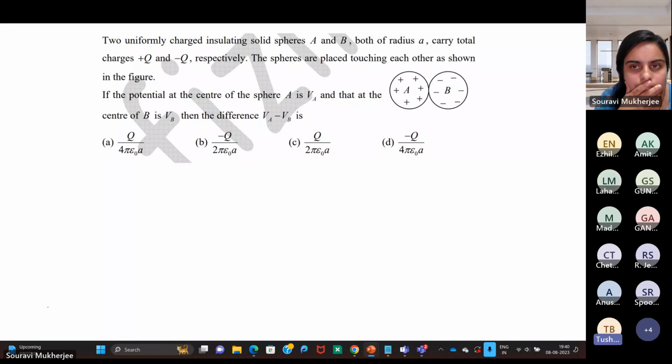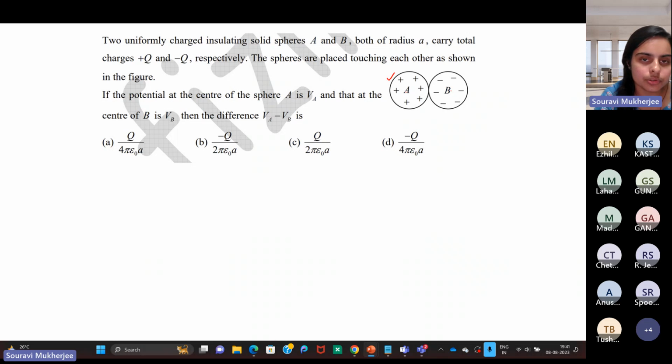Q by 4 pi epsilon 0 by 4a, minus of that, so minus Q. And then similarly, you know what the potential would be at this point for the other sphere. It would be plus Q by 4 pi epsilon naught into 2a.